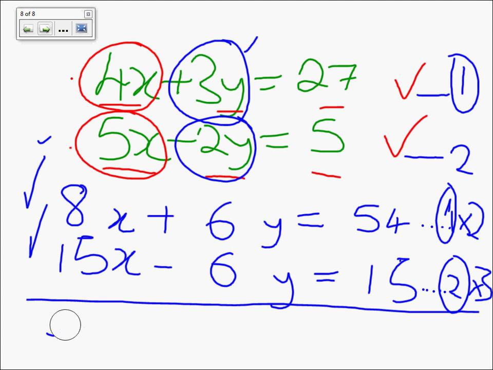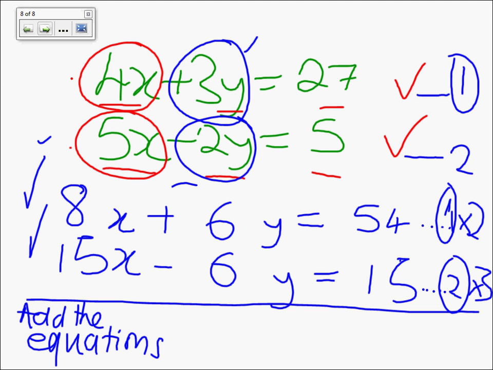I just add. You are going to add these two equations. Simply add them. Why? Because when you add these two, the y terms will cancel out and become 0.